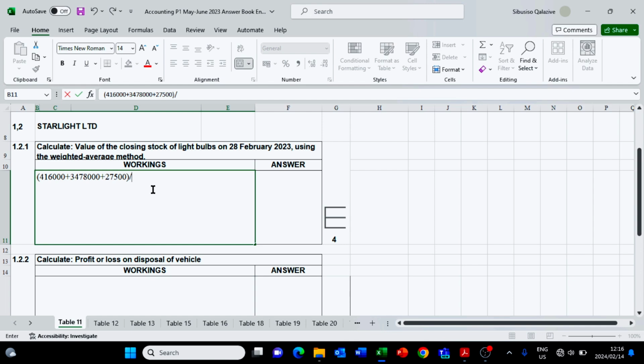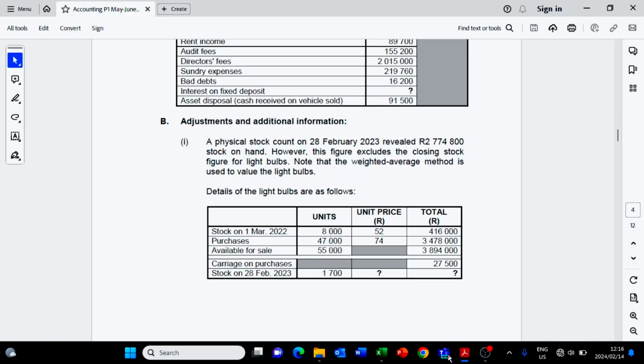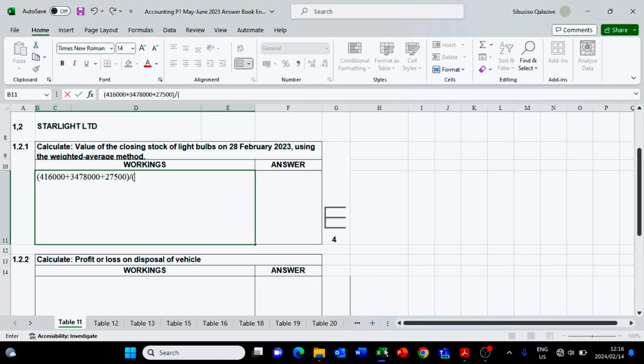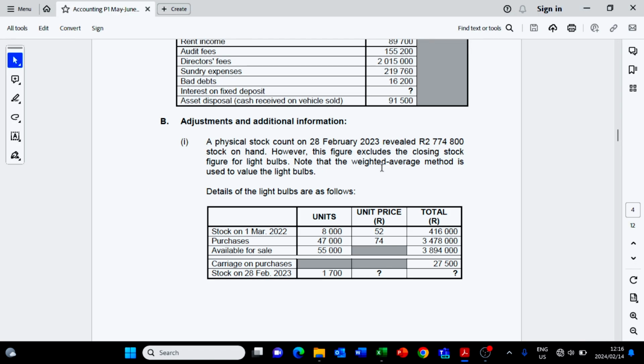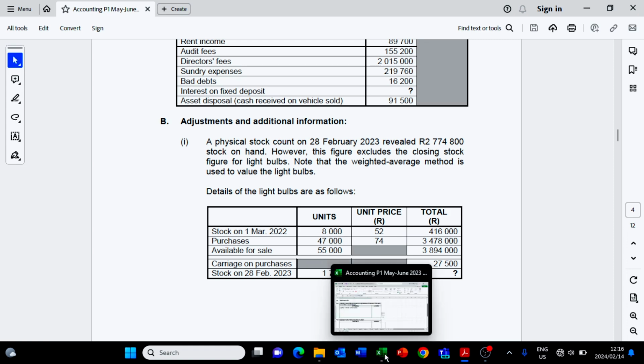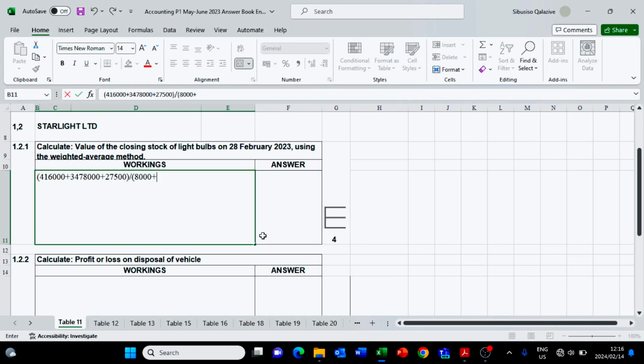So now we are going to take the units of the stock that we have for the light bulbs, which is 8,000 units at the beginning of the year. Going to record it as it is, 8,000 units plus the 47,000 for the purchases, also closed in brackets.